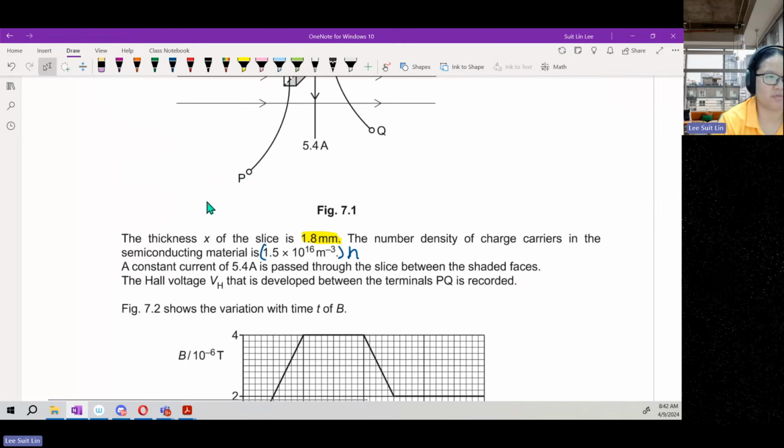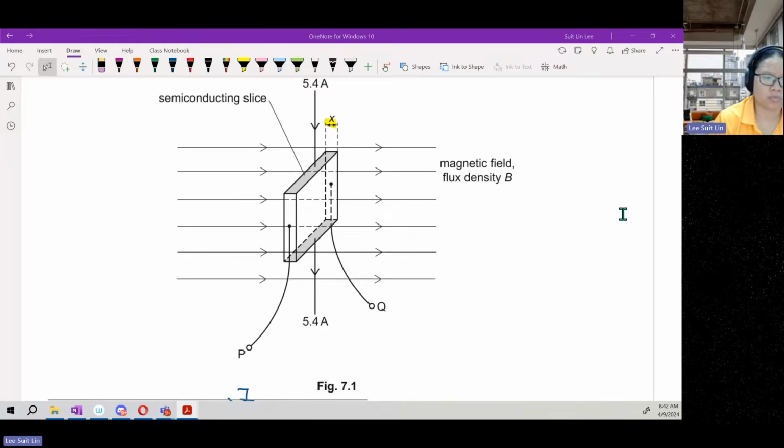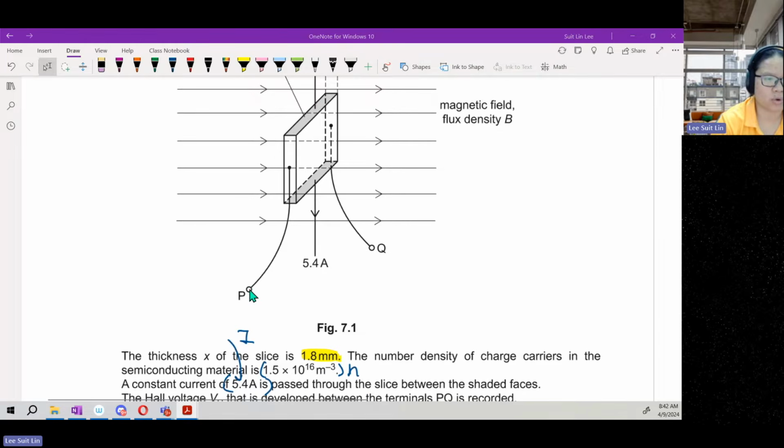Constant current of 5.4 ampere is passed through the slice between the shaded faces. This is I. Hall voltage VH is developed between the terminals PQ and is recorded. So between P and Q, I connect a voltmeter so I can measure the Hall voltage.